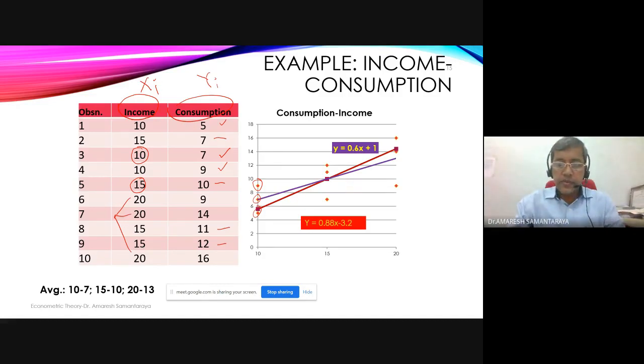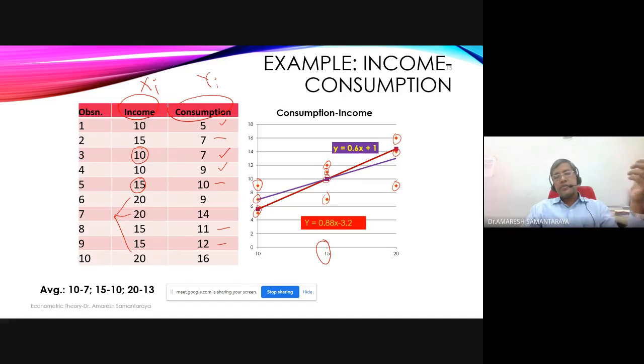Corresponding to income of 15, you have 4 individuals, their consumption expenditure given by those red dots here. And corresponding to income of 20, again you have 3 individuals here, 3 different consumption expenditures.